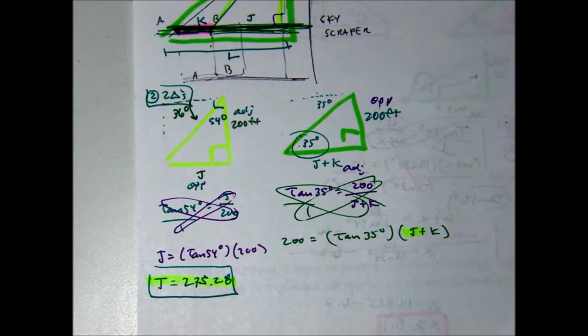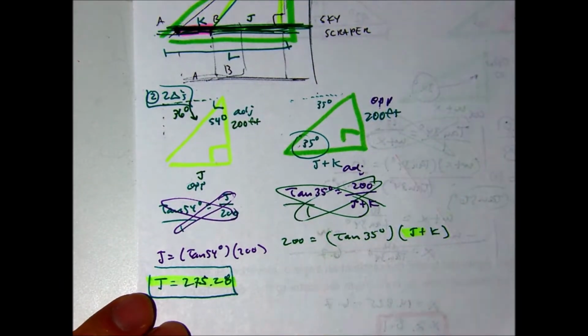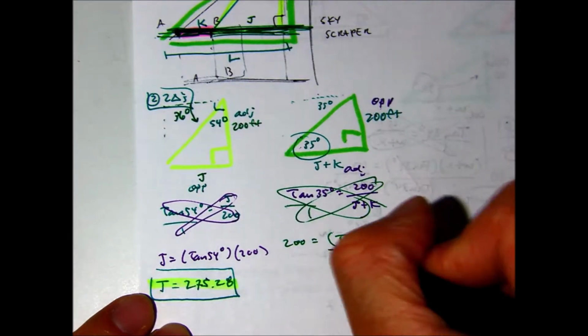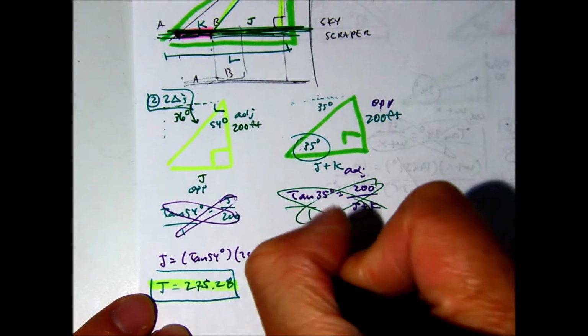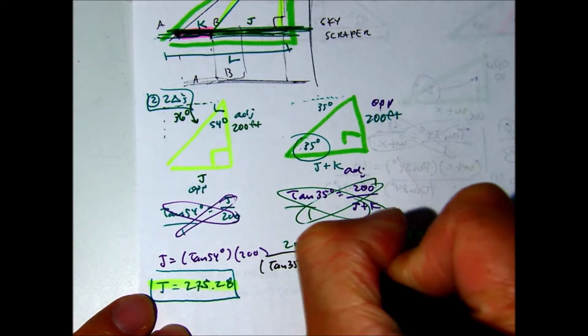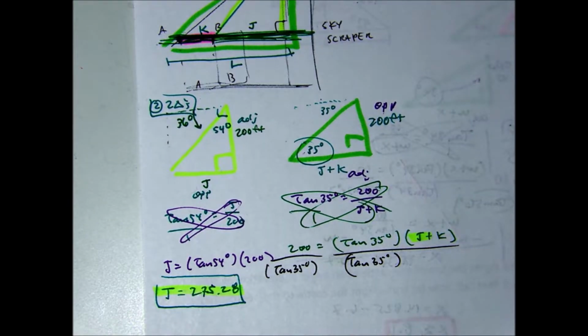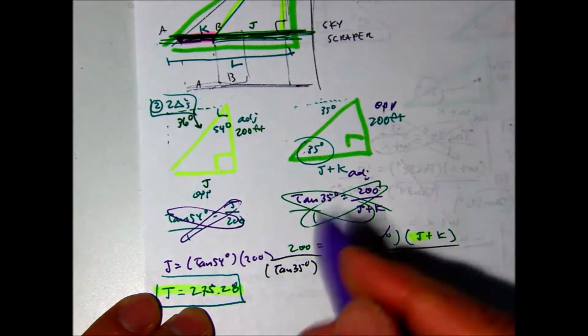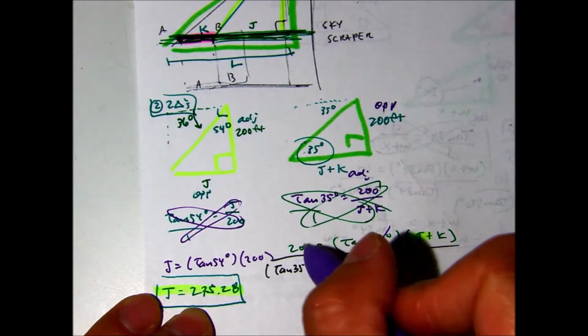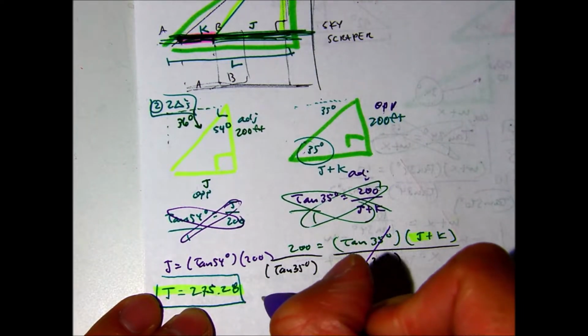So what I'm going to do is divide both sides by tangent of 35. Some of you guys are being like robotic in your math. You just want to know steps, but you're not thinking why you're doing that. That's the more important part. So I have 200 over tangent of 35.